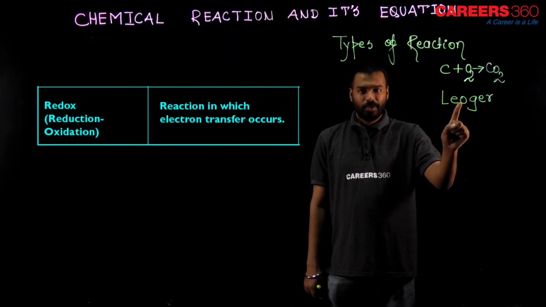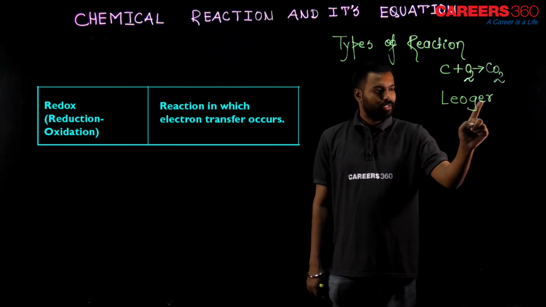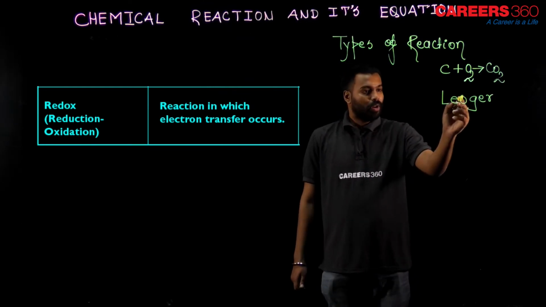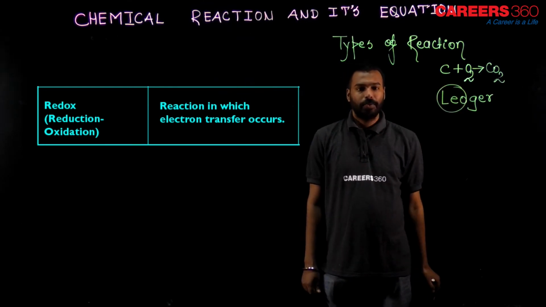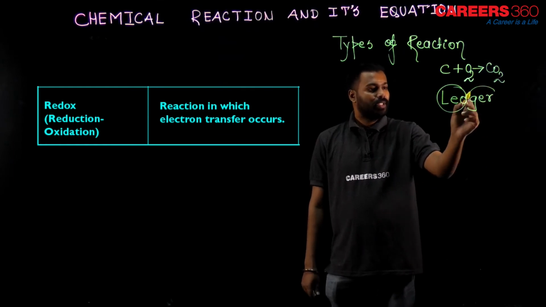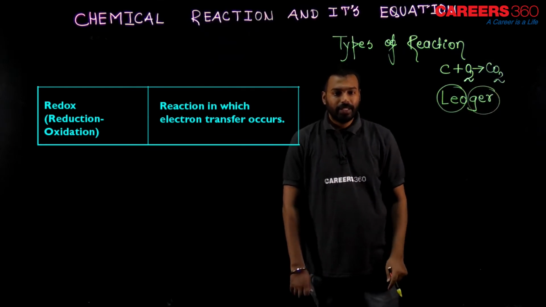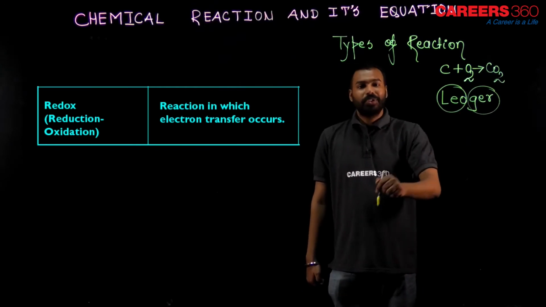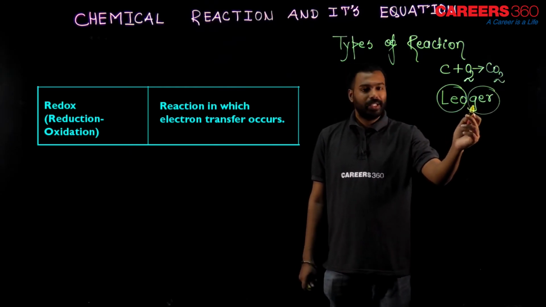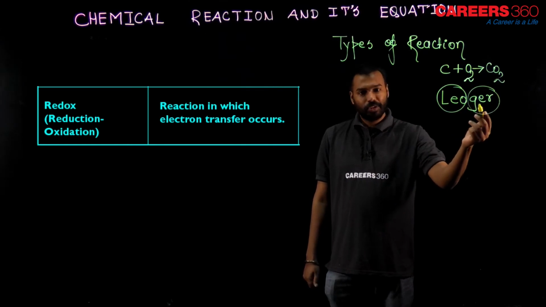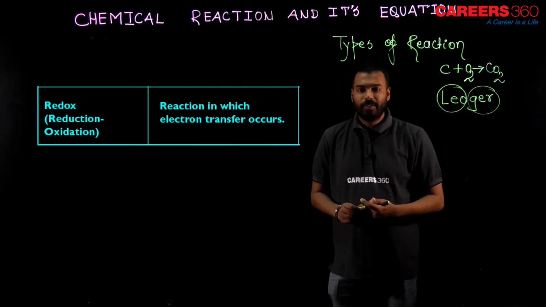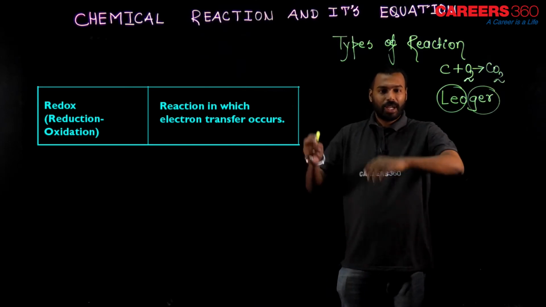So, oxidation is LEO, and reduction is GER. In any reaction, if LEO and GER both take place, meaning loss of electron and gain of electron both take place, then that type of reaction is redox reaction. Let me introduce you to the next type of reaction now.